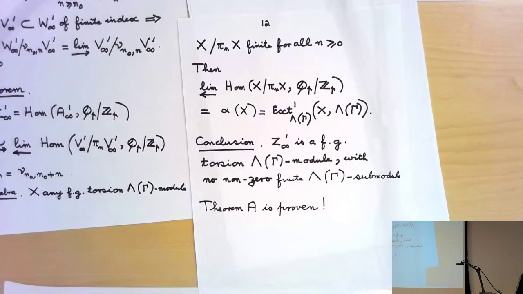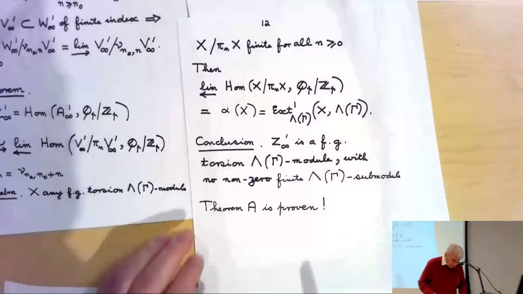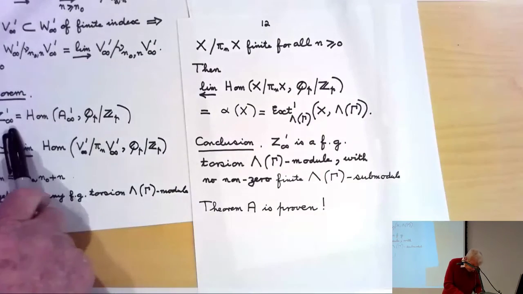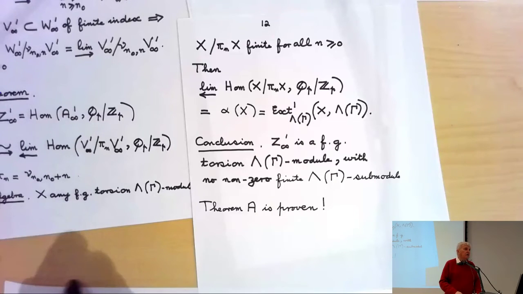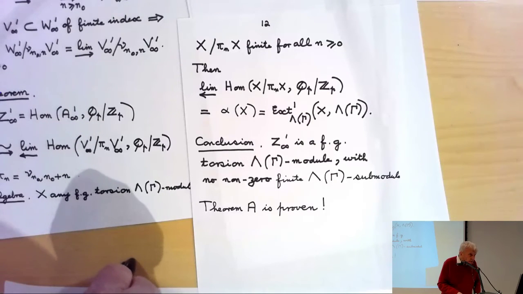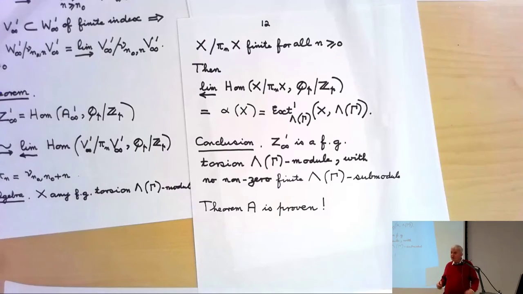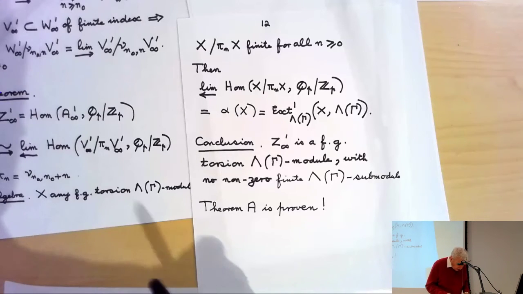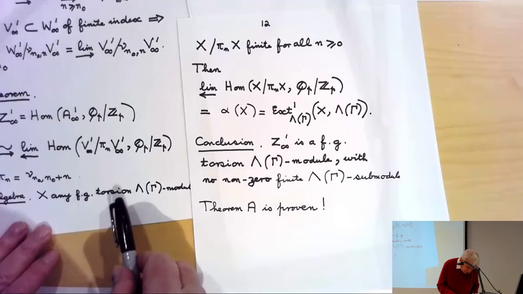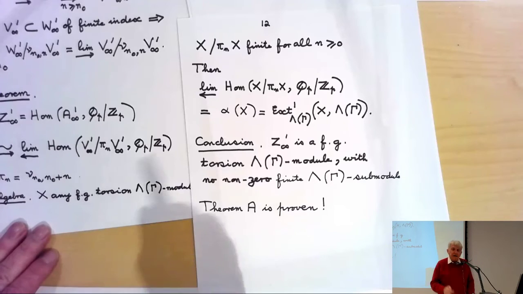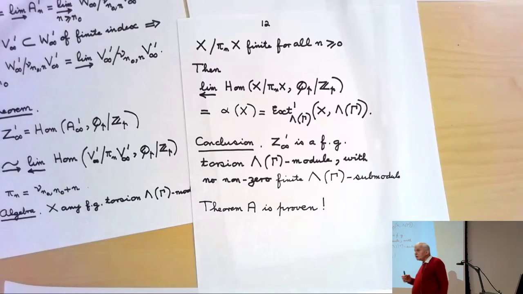So that's the first thing we conclude. Finally, we have shown that Z infinity prime is a finitely generated torsion lambda gamma module. The beautiful thing about the adjoint is that it is pseudo-isomorphic to X itself, I forgot to say that, but it has this nice property that it has no non-zero finite submodule.